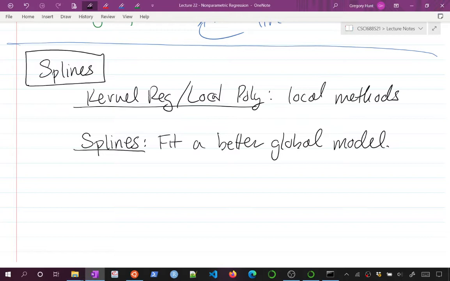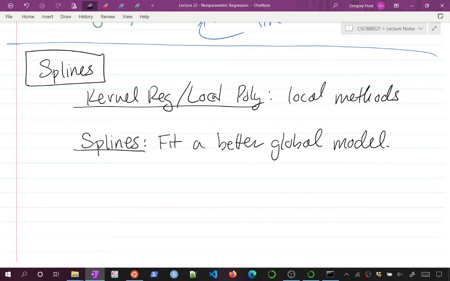And so one of the ways of getting around that was something like KNN regression, kernel regression, local polynomial regression, where they basically just say, we're not going to make a global assumption about the form of the function. We're only going to model small parts of it at a time and kind of focus that model to be local.